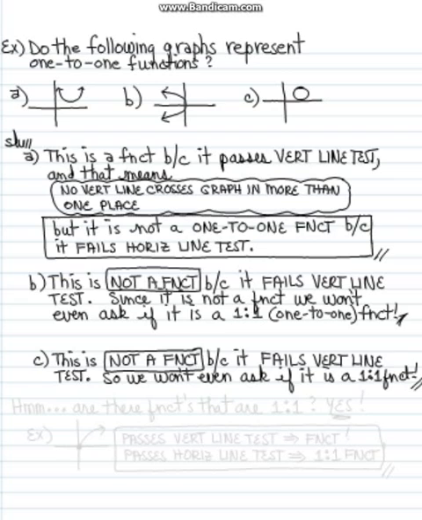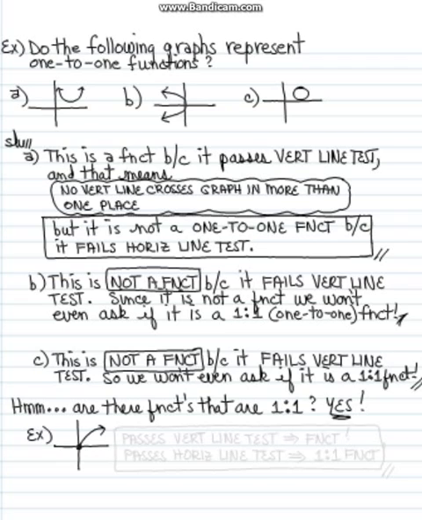So my answer to you when you ask that question, are there functions that are one-to-one at all? My answer to that is yes, there is. And I'm going to do an example for you of a one-to-one function. Look at this picture. Here's my y-axis, my x-axis, and here's my function. Look at that.